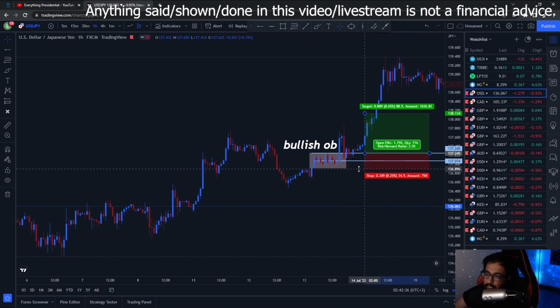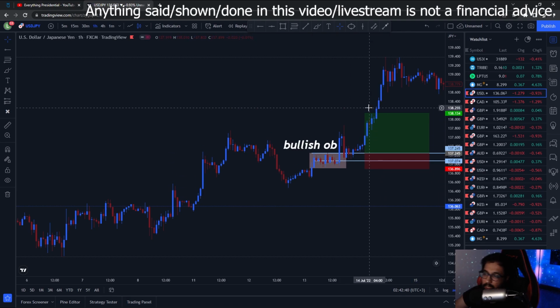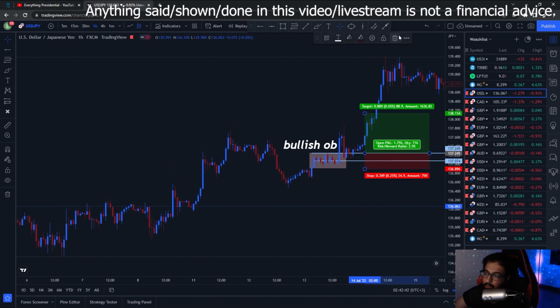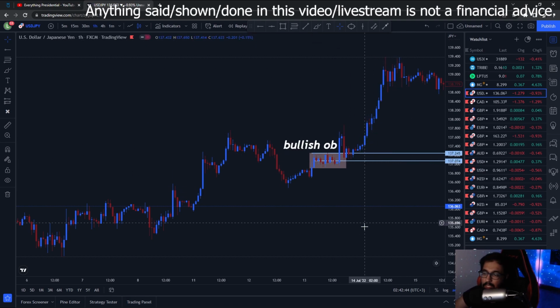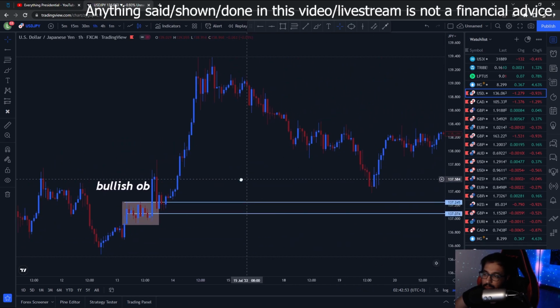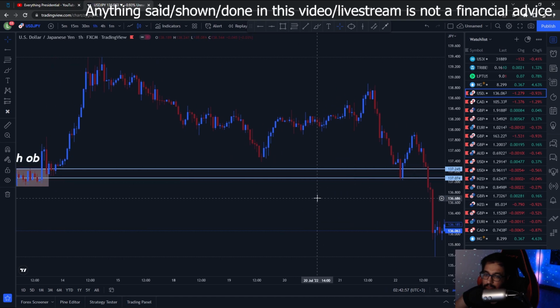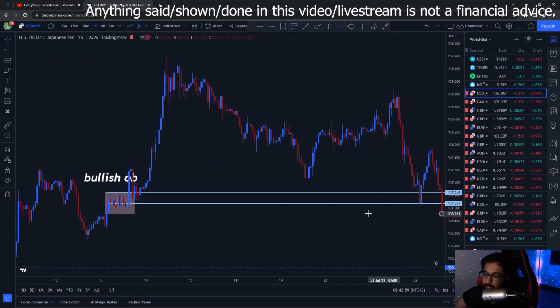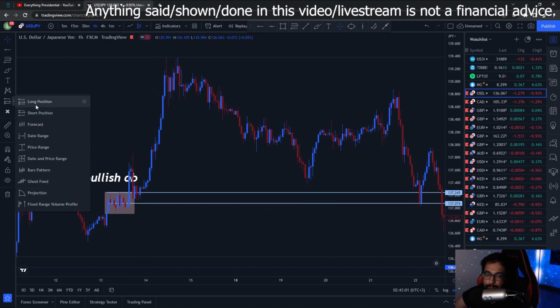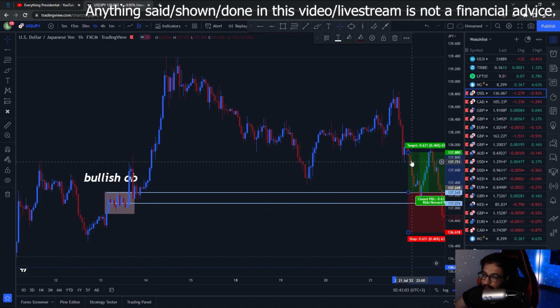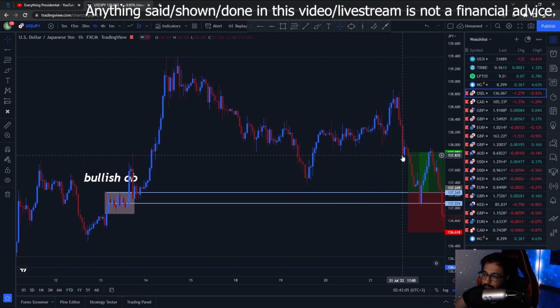And my stop loss will be just beneath the order block. My take profit will be in the future, close to the next point of liquidity, which is the closest point of liquidity or support and resistance, whatever you want to call it. So if I go into the future, what do you see over here? If I enter on the open, the closest point of liquidity is right here.